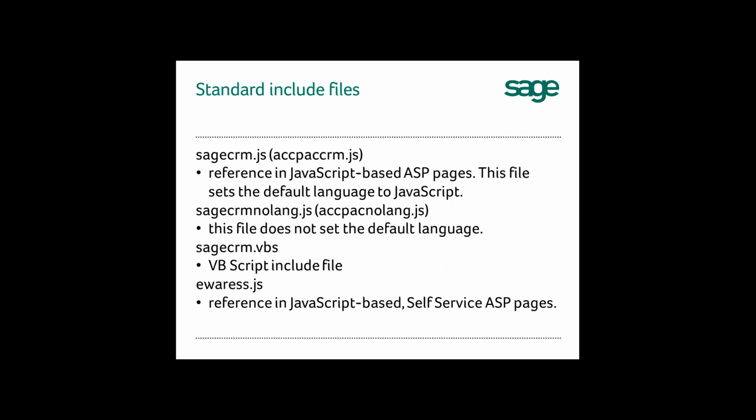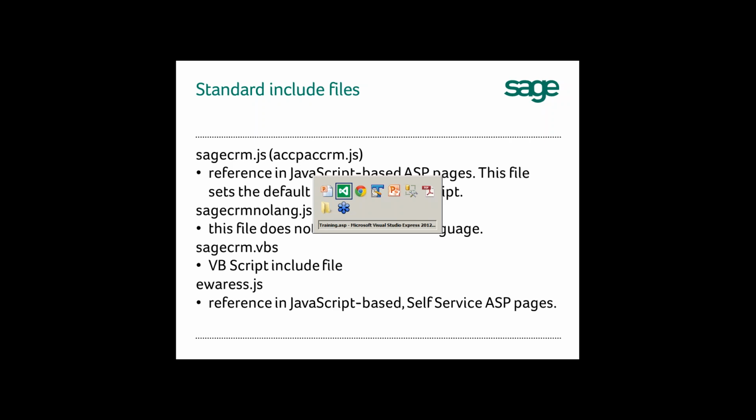Now, the important thing that makes Sage CRM a very particular environment is that we make use of objects which are instantiated through the use of include files. This idea that we separate out a lot of our business that creates the objects that we want to use within the ASP page.